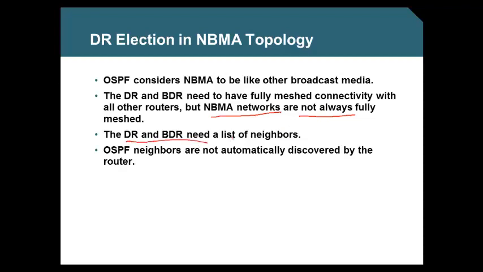Another one more important thing in NBMA is, I was telling you, the default NBMA mode is non-broadcast. In non-broadcast, there will be DR BDR election. That is one point we learned. Another point is neighbors are not automatically discovered.